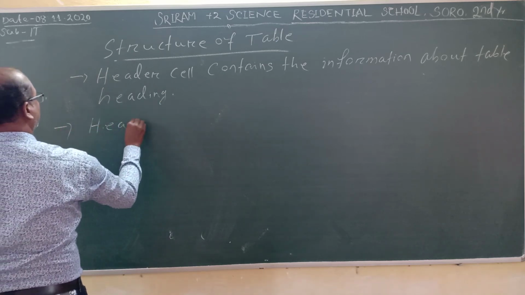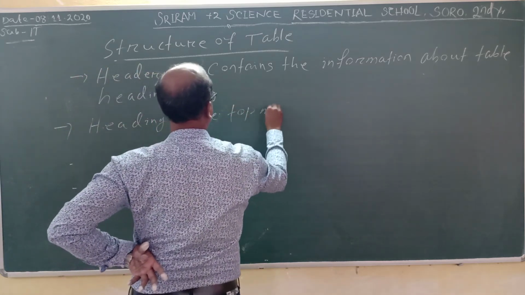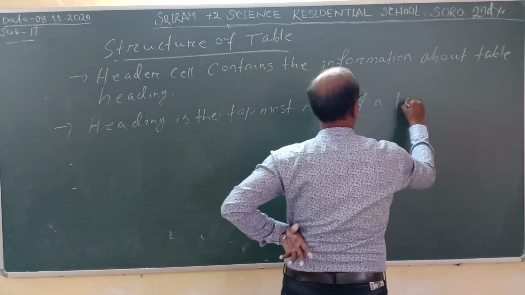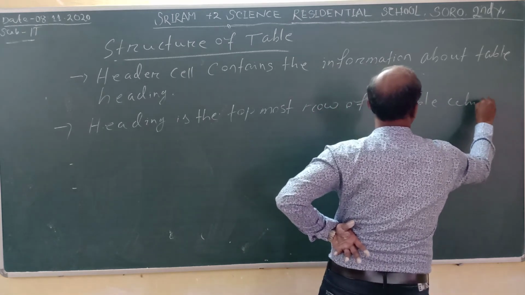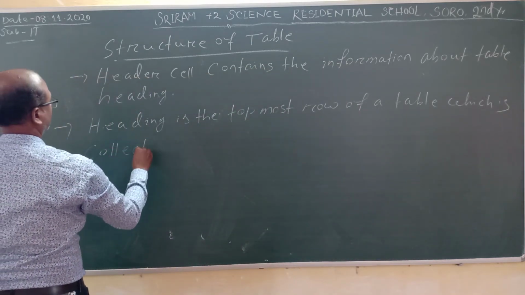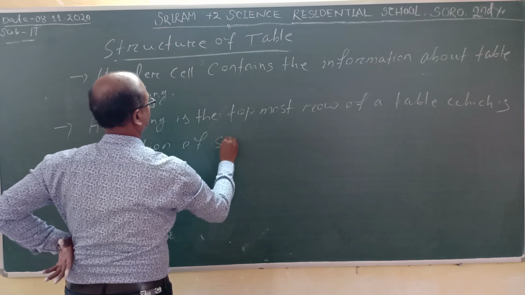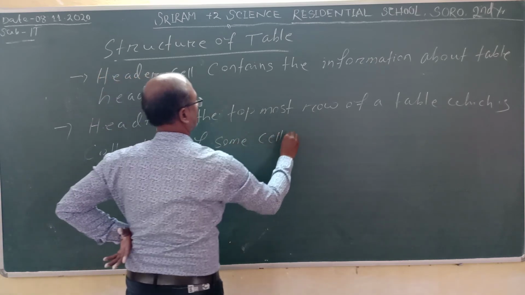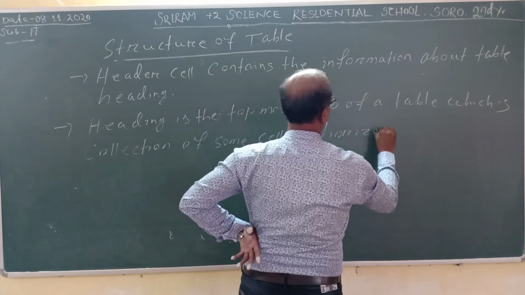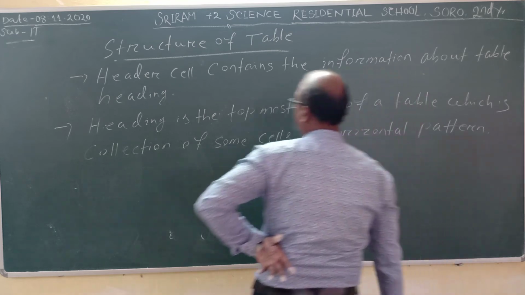The heading is the topmost row of a table, which is a collection of some cells in a horizontal pattern. Clear? This is all about the header cell.